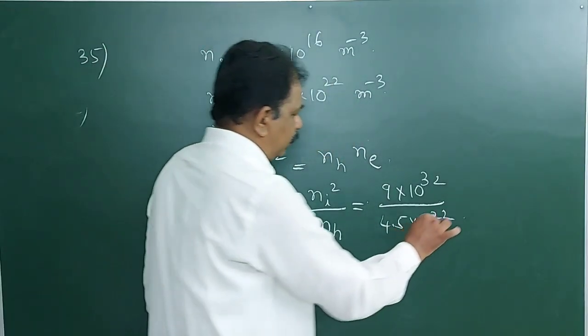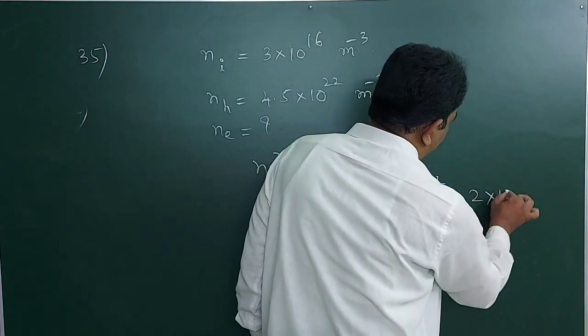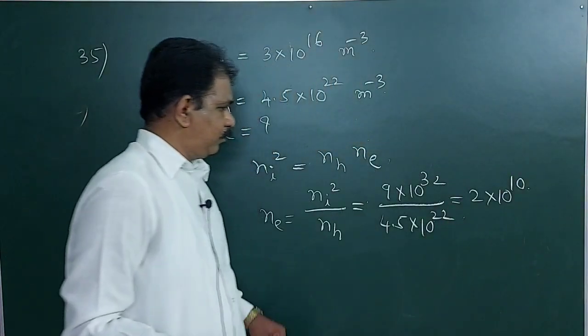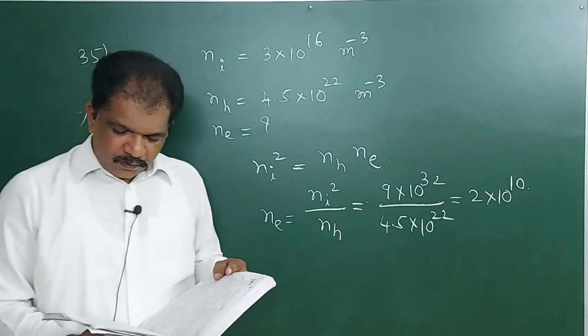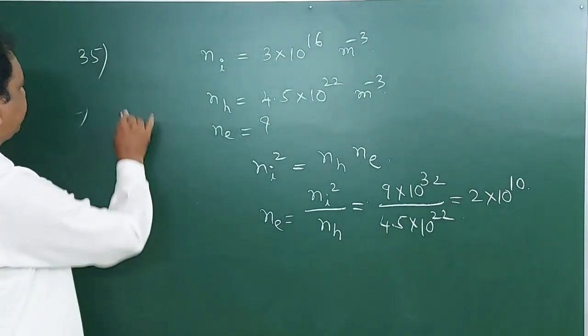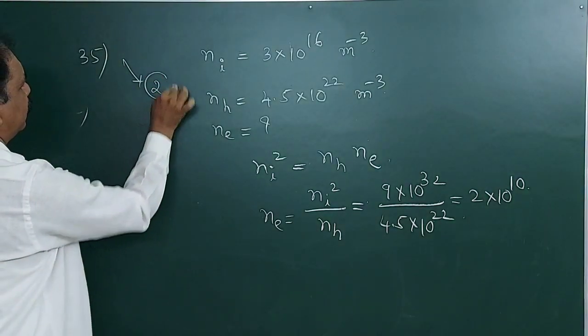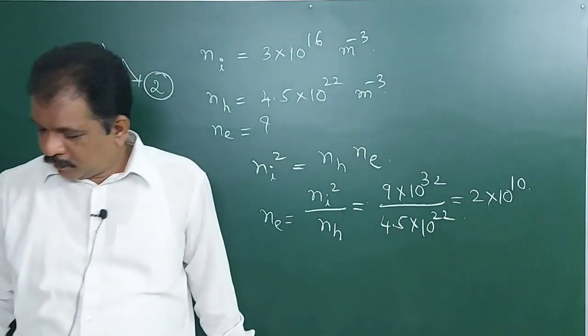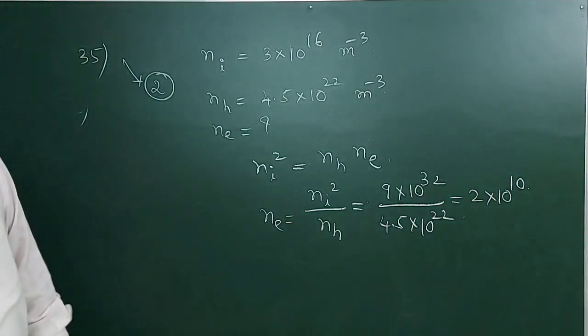Then it will be 2 into 10 power 10. Okay. So the answer for 35 will be the second option. Okay. Next.